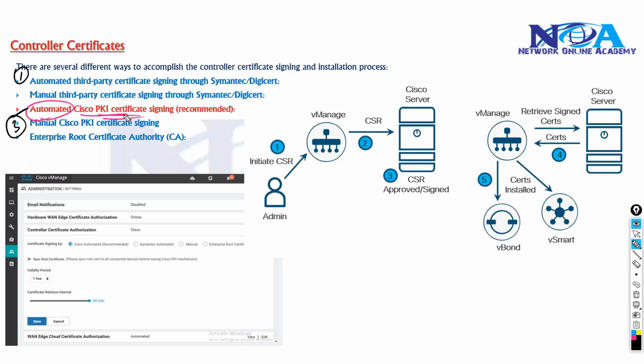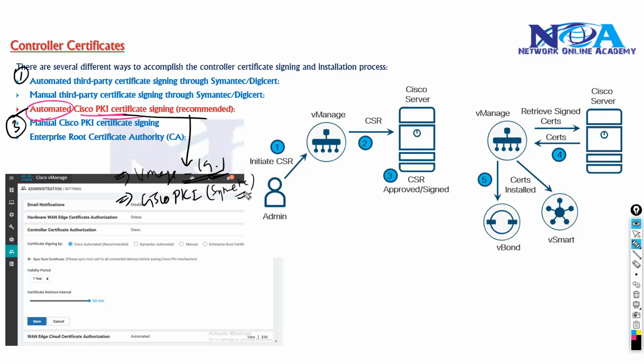If you're running the Cisco public key infrastructure, the first prerequisite is that you must be running vManage 19.1, which is the minimum version. The difference from the first option is that we'll be using the Cisco public key infrastructure instead of Symantec DigiCert.